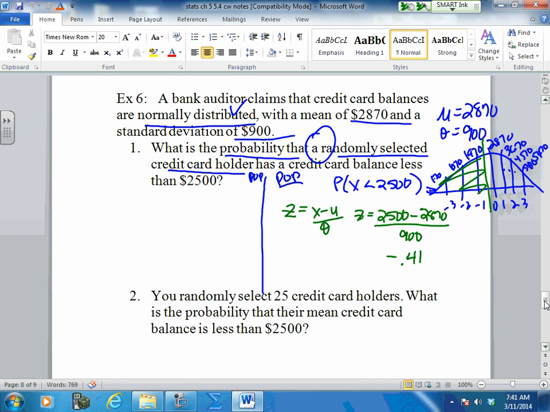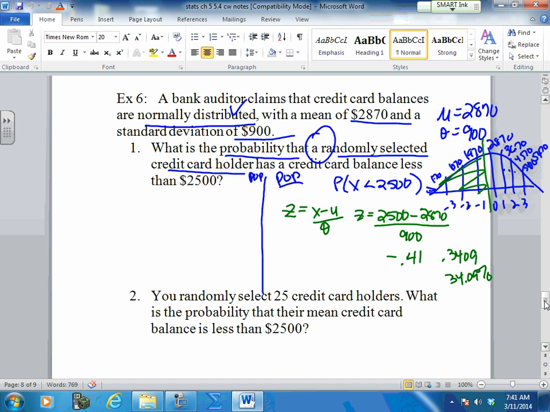Now, we look up your area, and your area to the left is 0.3409. So we have about a 34% chance that the person that we picked has a balance less than 2,500 from our population. Okay, this is how we always did the old ones.